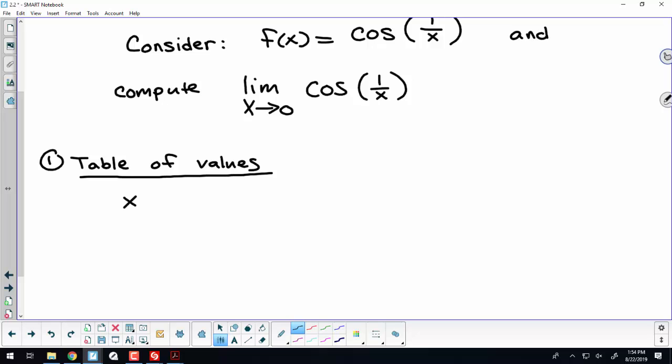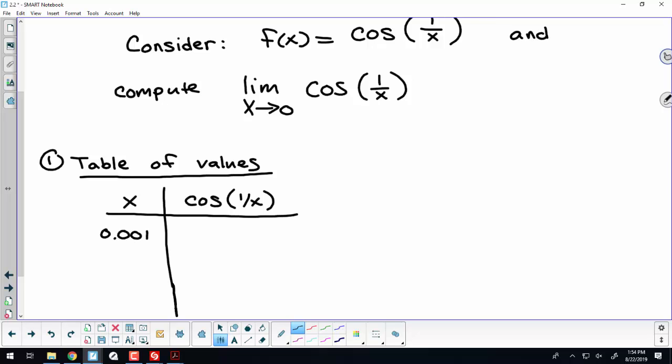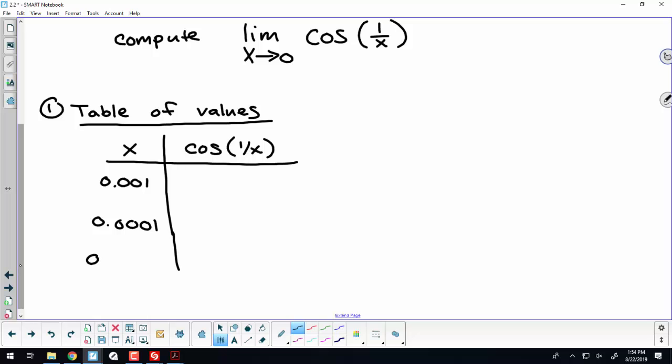So let's just input 3 different things for now. Let's input 0.001, 0.0001, and 0.00001.